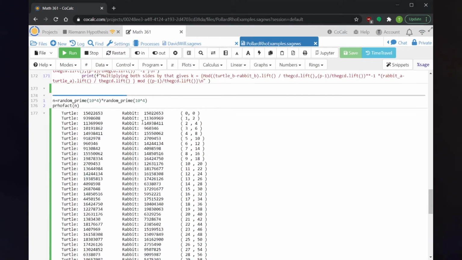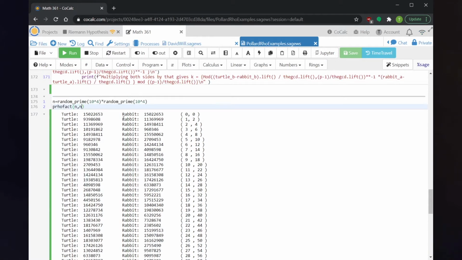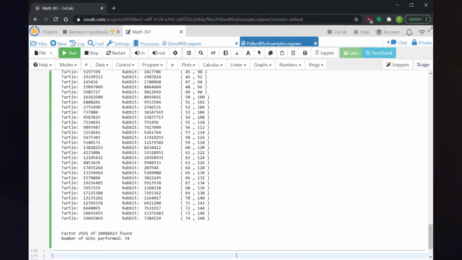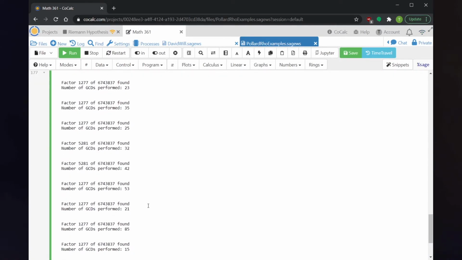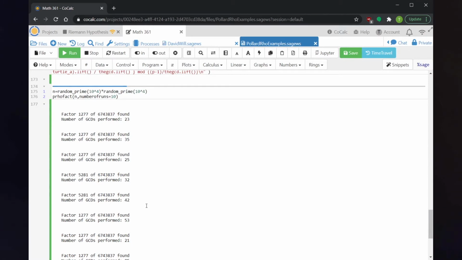Now that we understand what the turtle and rabbit are doing, let's look at a bunch of runs of this at once, but we're just going to suppress the turtle and rabbit's places along the path so that we can just look at this. I want to note that when I run this 10 times, I'm keeping the same number rather than picking a new number to factor each time.